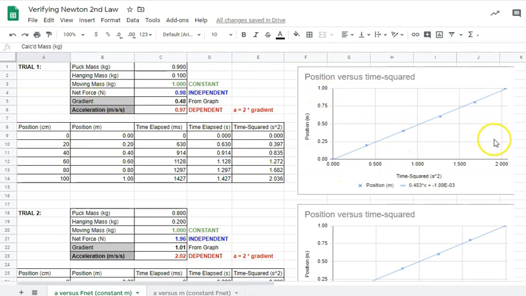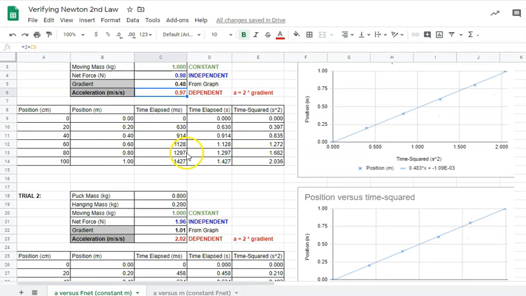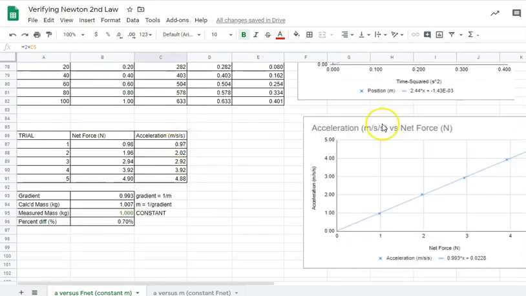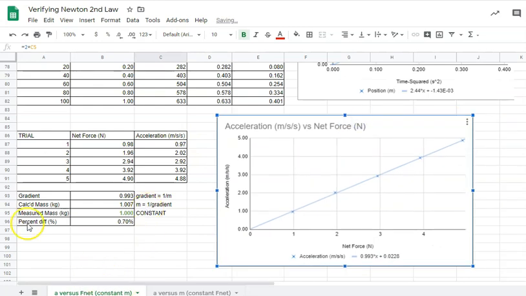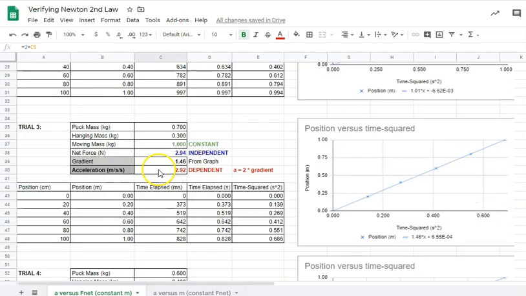squared, use the gradient to calculate the acceleration, and then we can plot our acceleration versus net force graph, which we get here. And then using the gradient of the acceleration versus net force graph, the gradient is 1 over the mass, and from that we can calculate the mass, and then compare it to the actual mass that we measured.